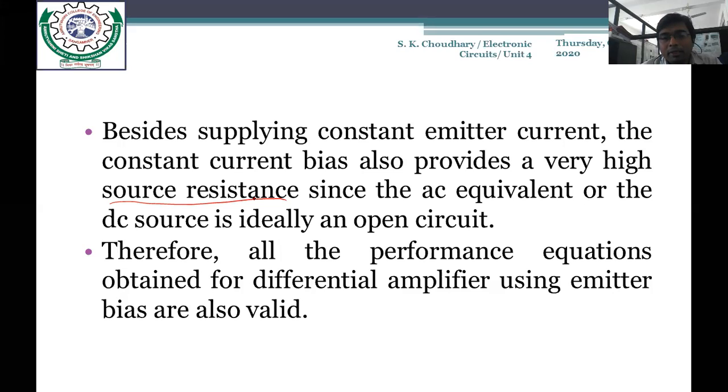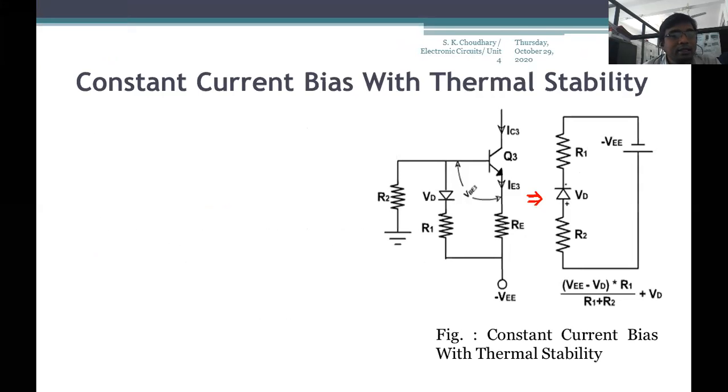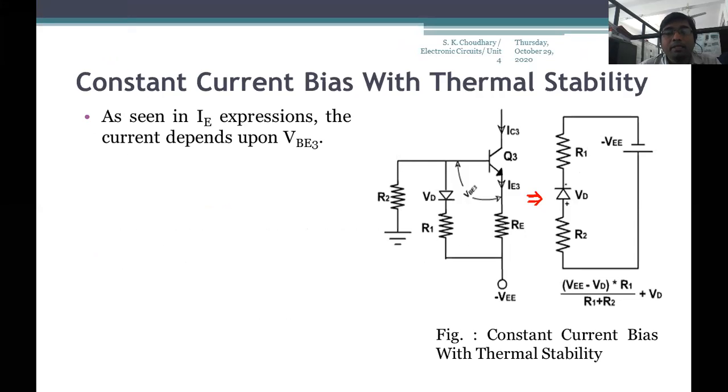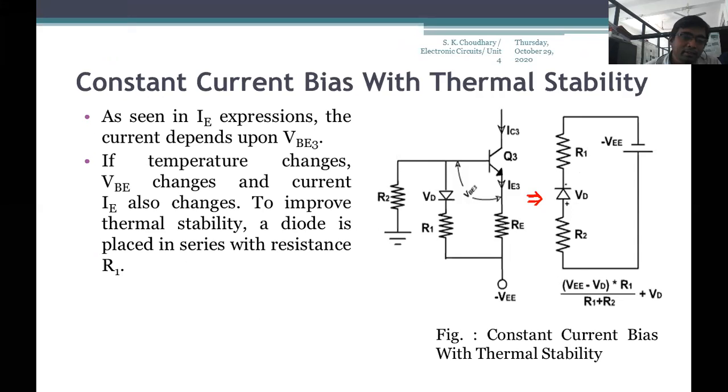Now we will learn what practical issues could arise with this configuration. One of the issues is thermal stability. So we will now learn the new configuration, that is constant current biasing with thermal stability.